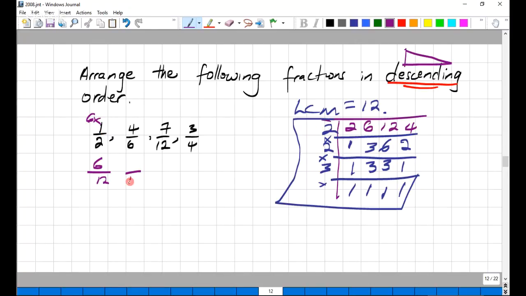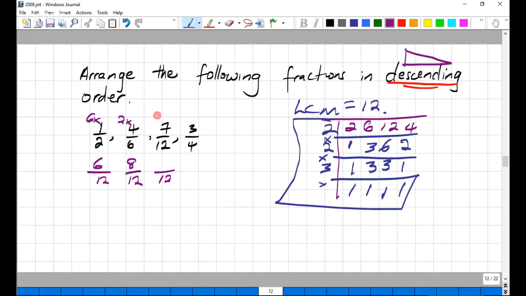All right, so we're using LCM of 12. 6 into 12 will go 2 times. And 2 times 4 would give us 8. So the equivalent fraction would be 8 over 12. All right, LCM 12. 12 into 12.